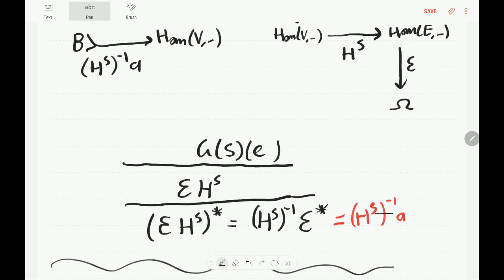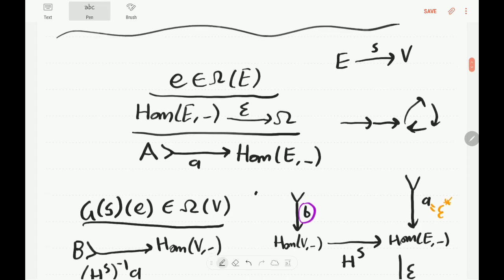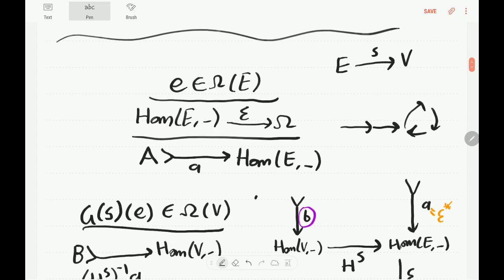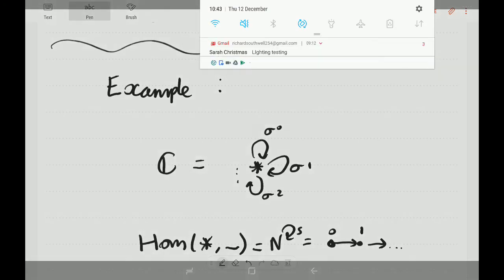So h to the power of s to the minus 1 of A is the thing that corresponds to doing the S action on this A thing, which is like the thing that corresponds to this type E element of omega to the power of E. So we can look at examples and see how this gives us this precomposition way of thinking about doing updates in the category of dynamical systems.